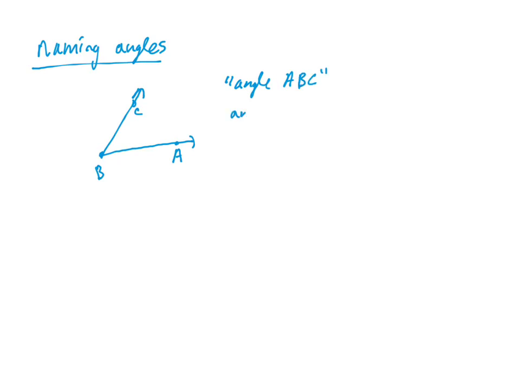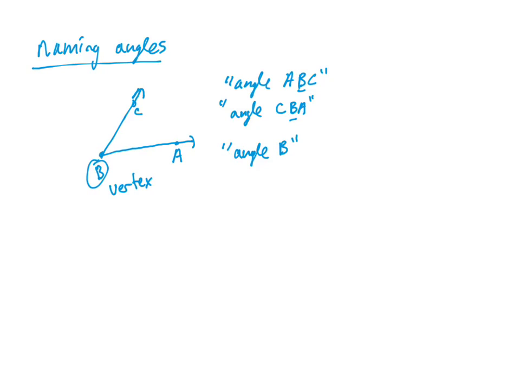We could also call this angle CBA. Okay, as long as this point B, which is called the vertex, is the middle letter in how we name these angles with these 3 points. If we just have a single angle, we could also just call this by its vertex, so we could call this angle B. We would not want to call this angle A or angle C because neither of those points are the vertex.